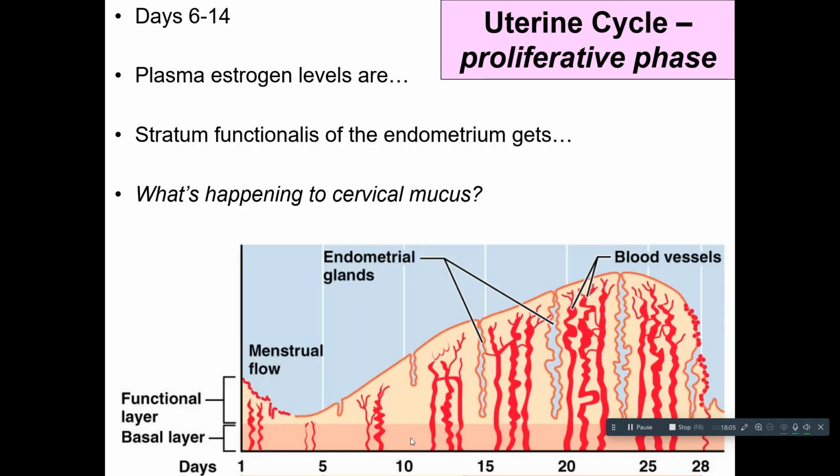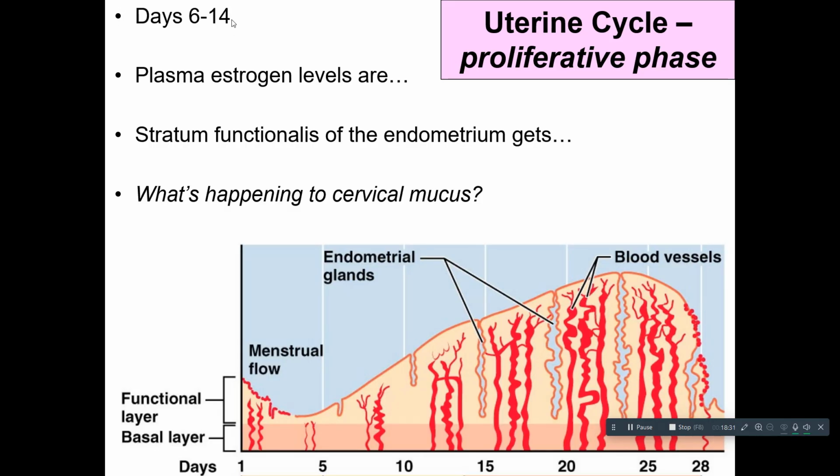Notice the basalis doesn't really change, stays pretty constant. Also, the rising levels of estrogen are going to affect the mucus in the cervix. They're actually going to decrease its viscosity. In other words, they're going to make it get thinner because that's going to provide an easier route for sperm to swim through. All right, so that's days 6 through 14.